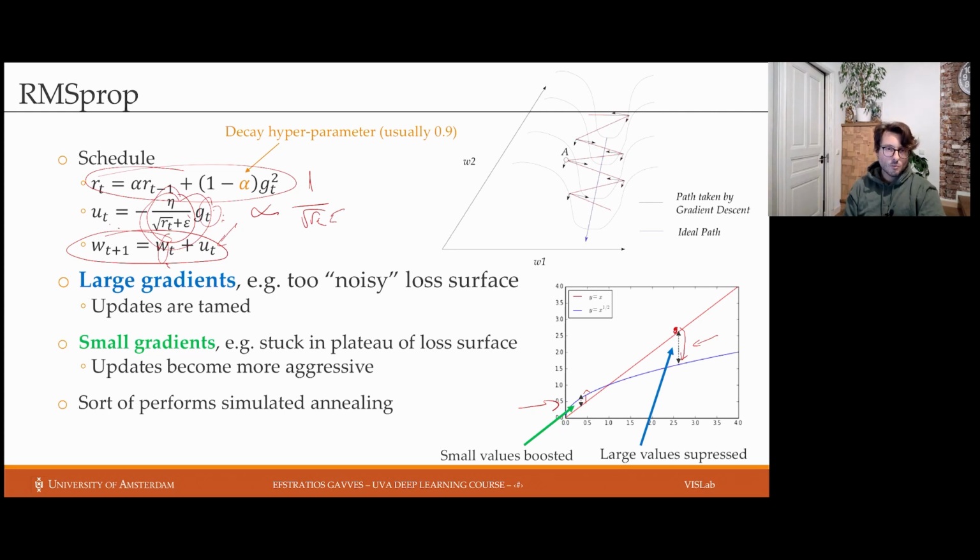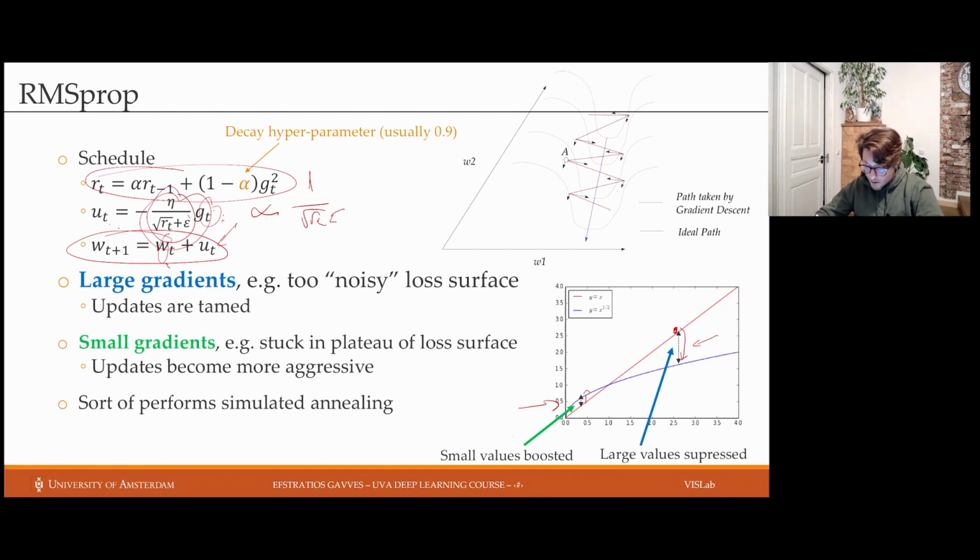This means that with RMS-prop, gradient dimensions that in previous time steps were too large, so too aggressive perhaps, get tamed and suppressed, whereas dimensions that were too low-key get boosted. So this sort of performs simulated annealing, and it helps a lot.